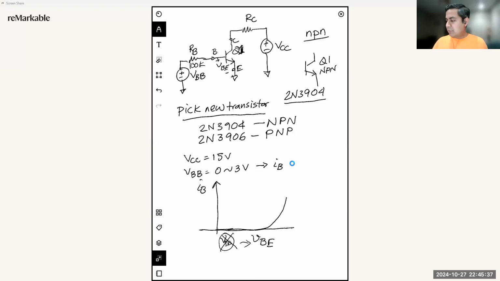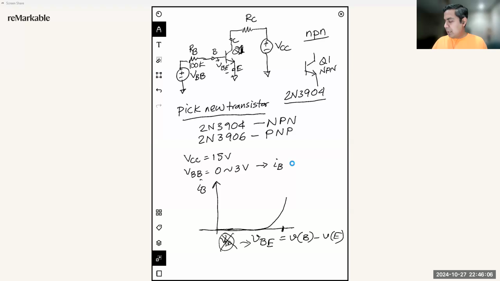The way you do it, if you have this node number, you just select that node in your x-axis. The emitter terminal is already at ground, so you don't need to signify that. Ideally, VBE is basically your base voltage minus your emitter voltage. All right, once you do that, your curve will look something like this.